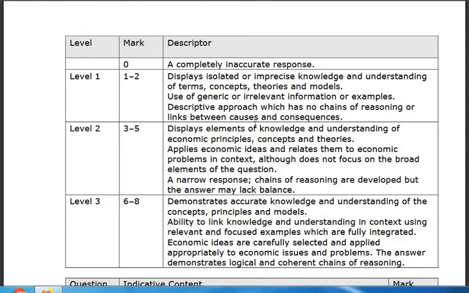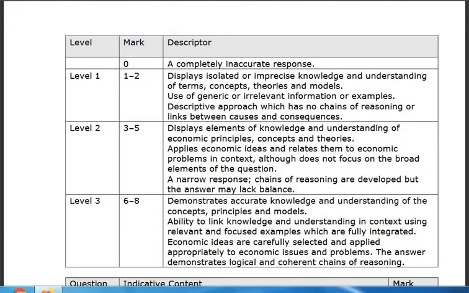You're also able to apply it, ability to link knowledge and understanding in context using relevant and focused examples which are fully integrated. And you've got logical and coherent chains of reasoning. And the economics that you used, you carefully selected it so that it was answering the question that was actually set, rather than the question that Econ plus Dahl predicted off YouTube. Okay, so that's the KAA.